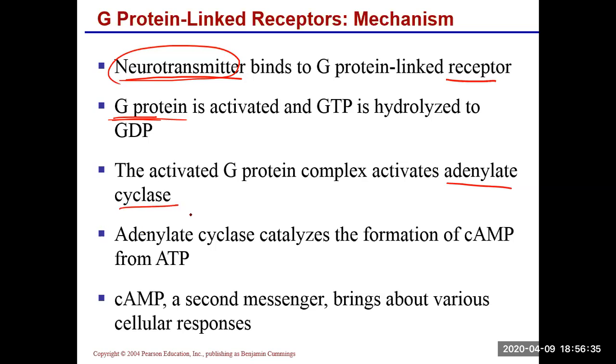Adenylate cyclase is an enzyme that can break down ATP into what's known as cyclic AMP. In other words, you break off two of the phosphates, and then the molecule reshapes into adenosine monophosphate because two phosphates are already separated. This causes cyclic AMP to do a particular cellular response, and therefore this cyclic AMP is known as a second messenger.